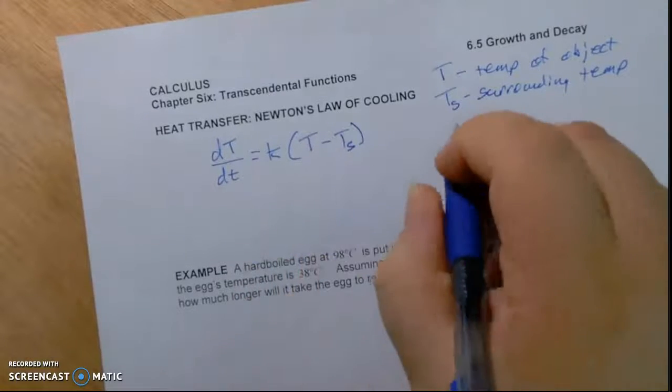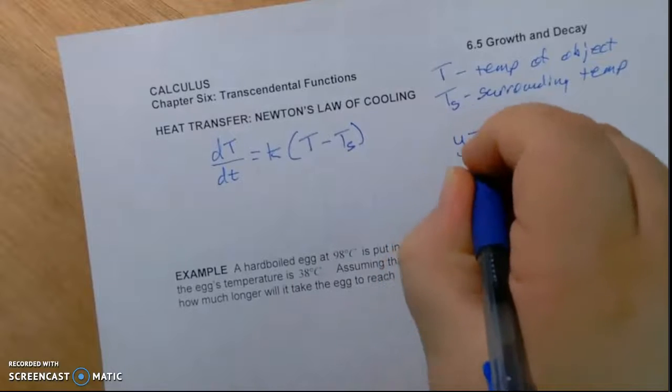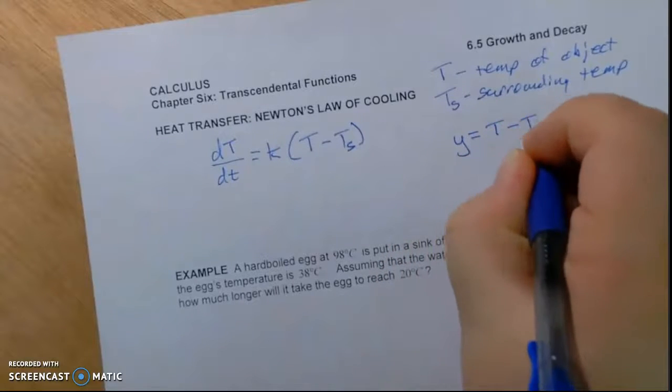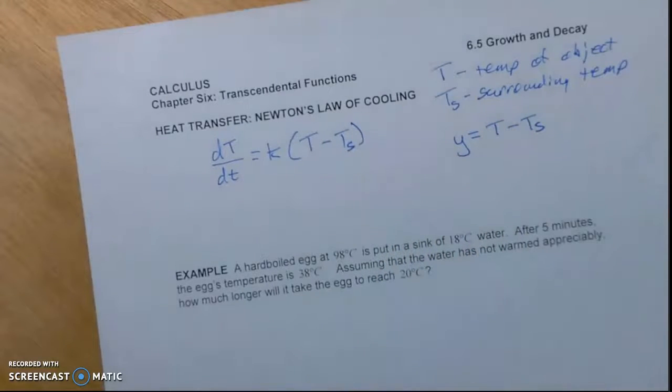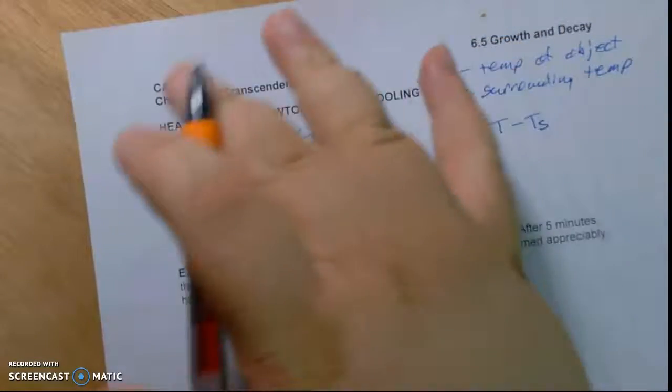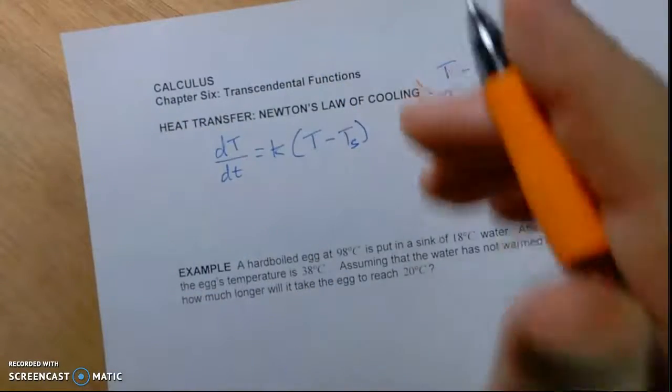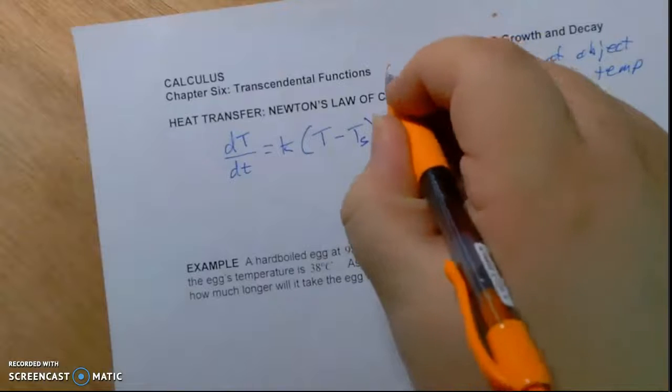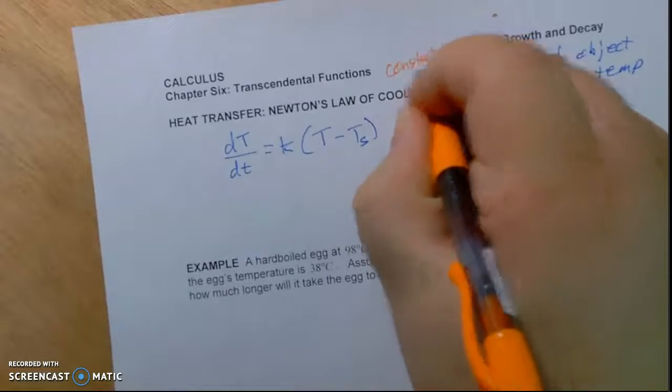Here's our inside function. Let's say y equals T minus Ts. Now remember, Ts, the surrounding temperature, because you put it in such a large thing, is going to be relatively constant.